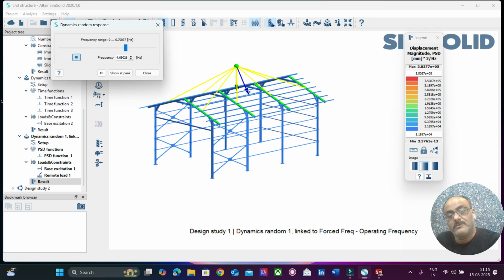So we are able to find that for a very small duration, that power spectral density. So it's a shock wave, it's a kind of shock loading which is applied onto the structure, and you find that in this particular region there is a huge response that is coming on the structure.